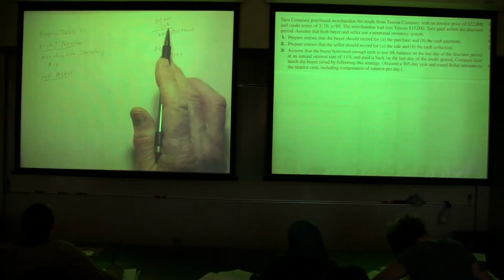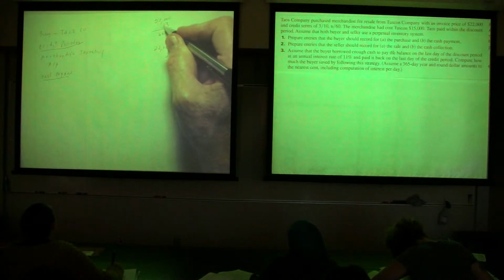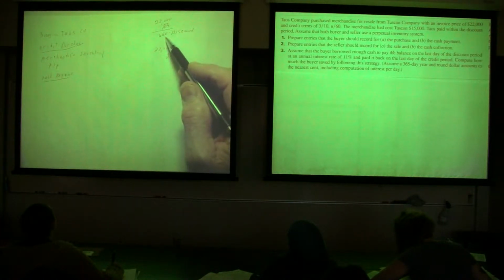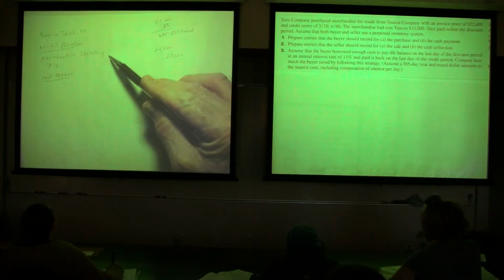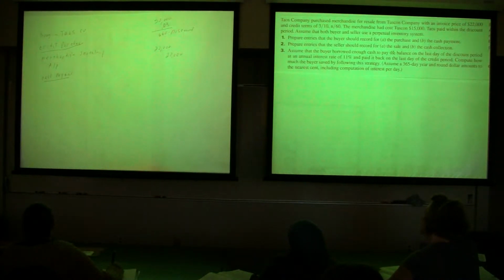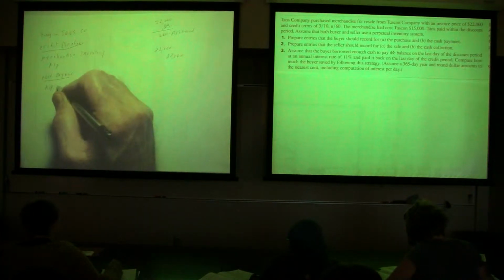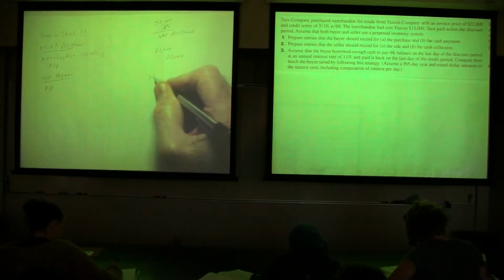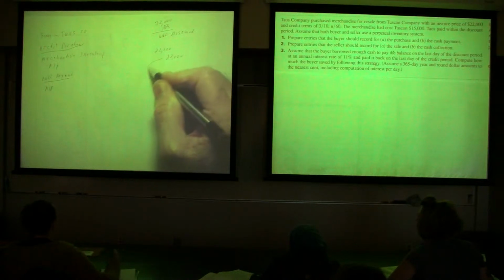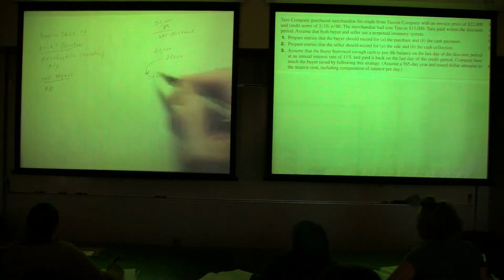When we pay 3% less, 0.03, the cost is 660 less, so the value of the asset is 660 less. So in this case, for accounts payable, we're going to pay out 22,000. Okay?